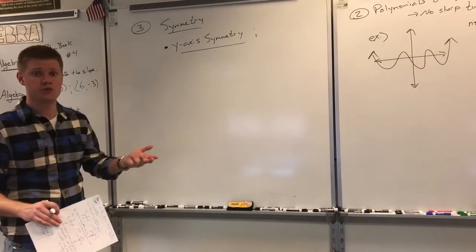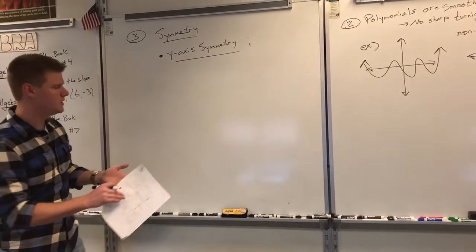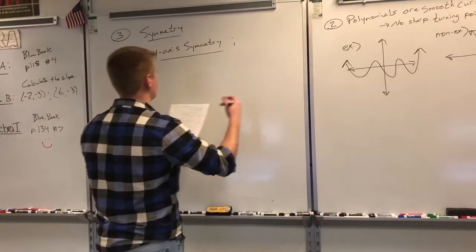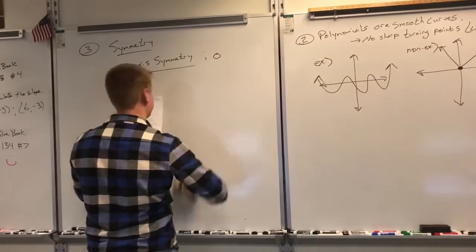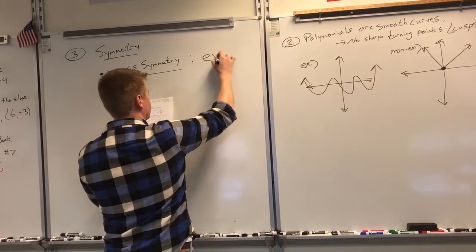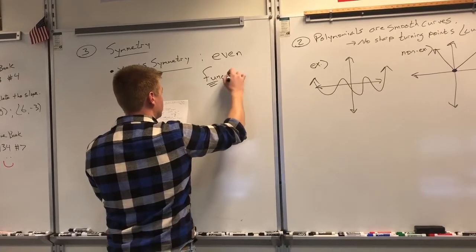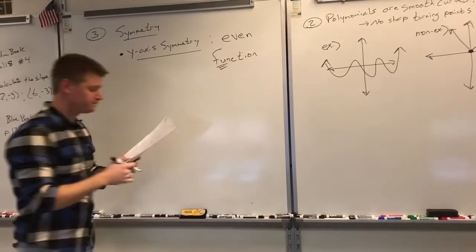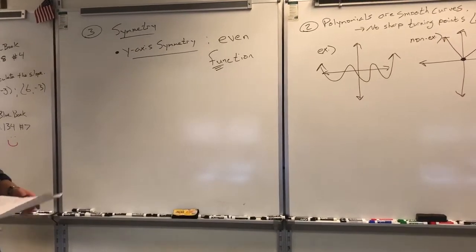Quadratic equation could do that if you picture a parabola opening upward. Not all of them, of course, but if it has y-axis symmetry, it is a polynomial that has what we call an even function. So if it has y-axis symmetry, it will be what's called an even function.